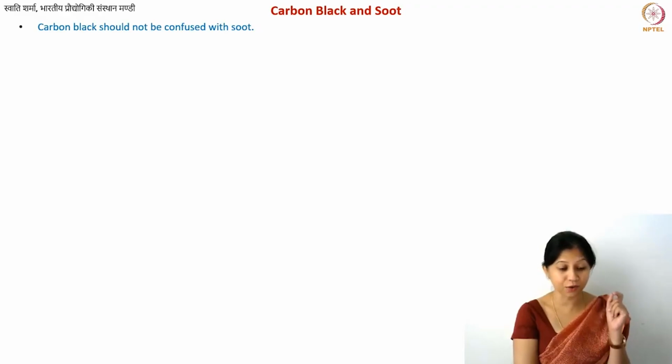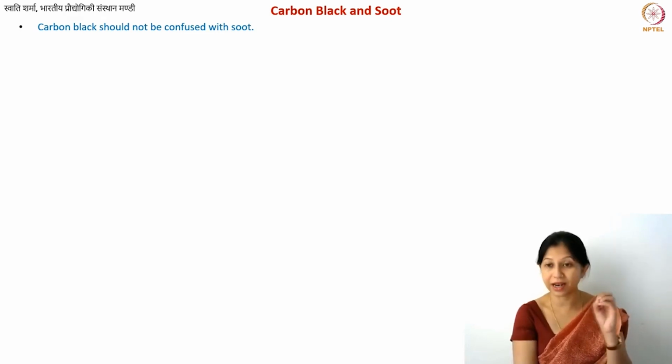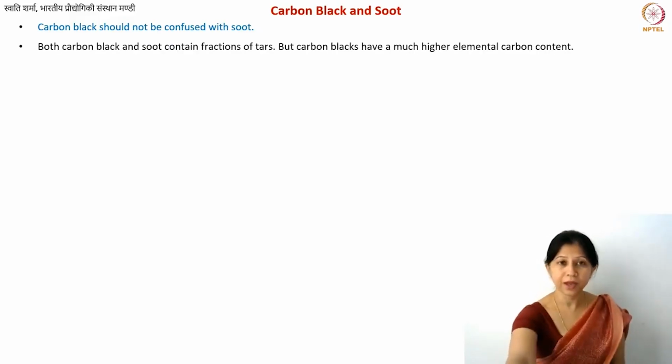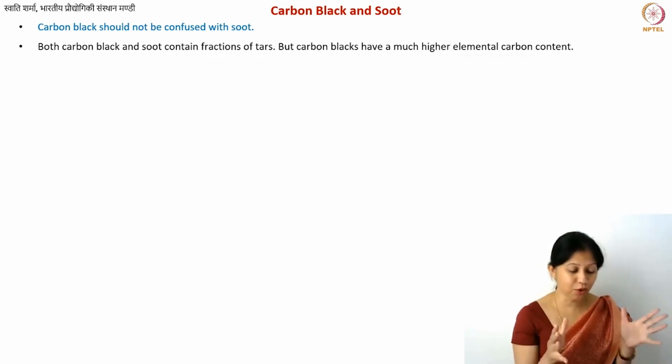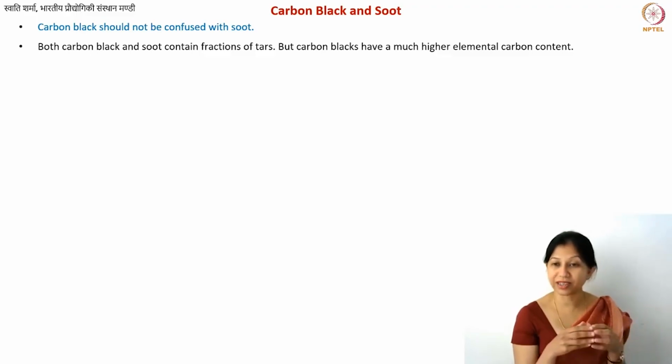The particles of course need to have a very well-defined size and geometry, and even the smaller nanoparticles that form these clusters have a well-defined size. That is not the case with soot. So let's discuss what is soot and what is carbon black. Okay, so I mentioned that both carbon black and soot contain tars.